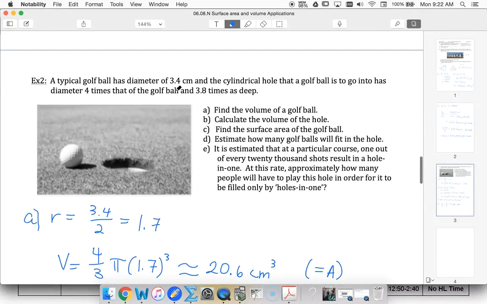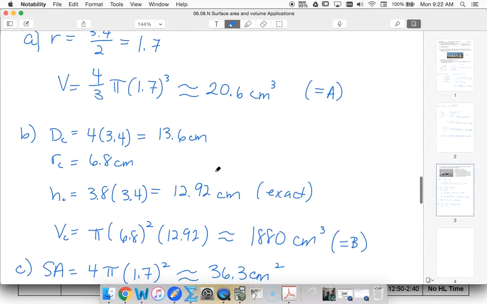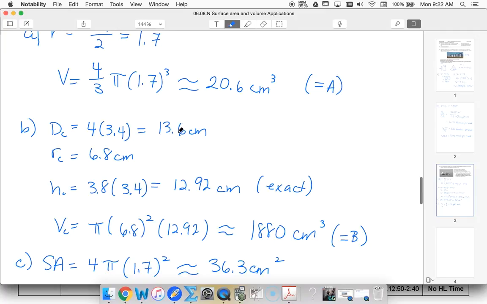So let's just read this again. Diameter of 3.4. It has a diameter 4 times that of the golf ball and 3.8 times as deep. So 4 times that, divide by 2, gave us the radius. And then the height, 3.8 times 3.4.